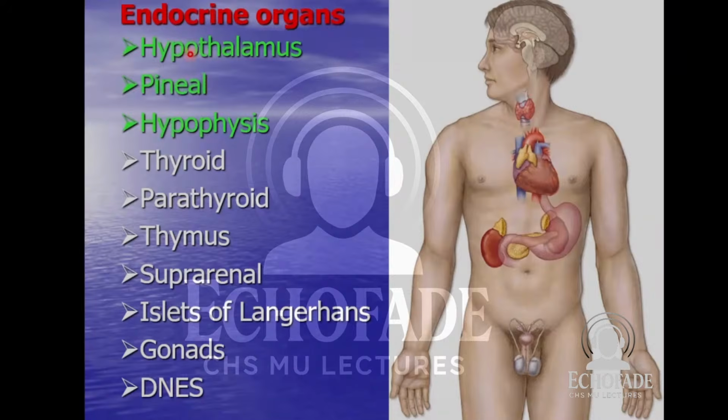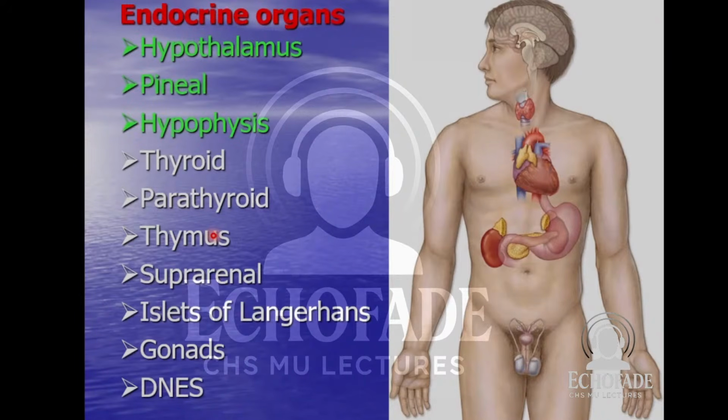Then the peripheral: we have the thyroid gland in the neck region, around the thyroid and cricoid cartilage. We have the parathyroids, just posterior to the thyroid and enclosed within the capsule of the thyroid. Then we have the thymus. If you remember, we did the thymus before when we were looking at the immune system.